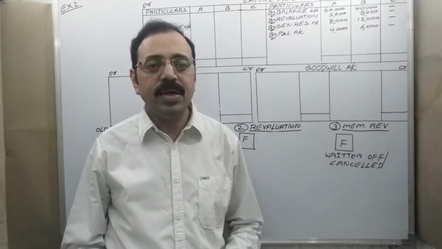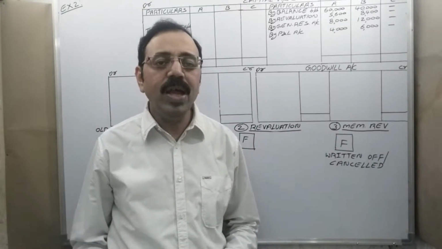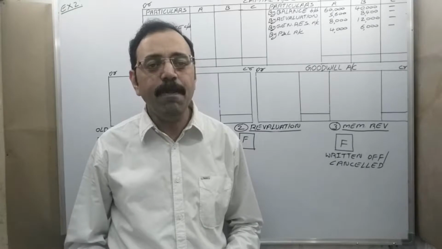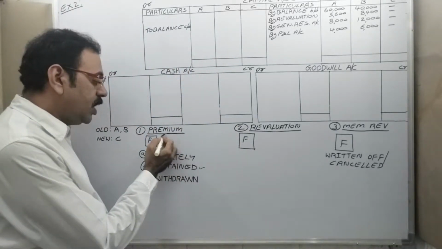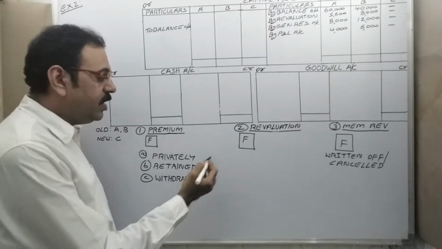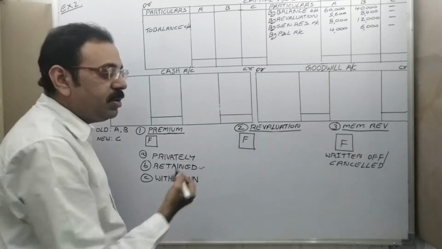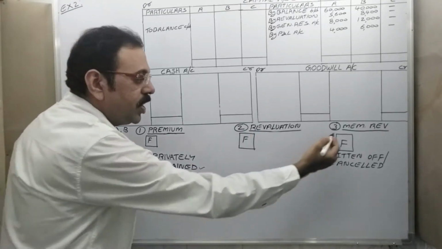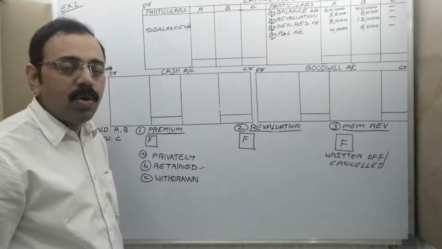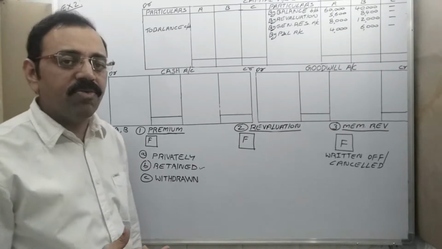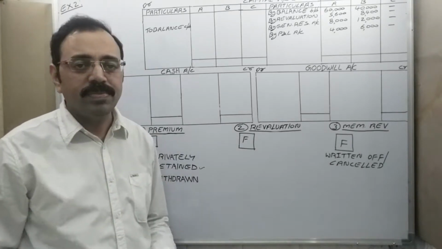There are 3 methods to adjust the goodwill in case of admission of a partner. First one is premium method. Second one, revaluation method. And third one is memorandum revaluation method. Now, we should decide according to which method we should adjust the goodwill.